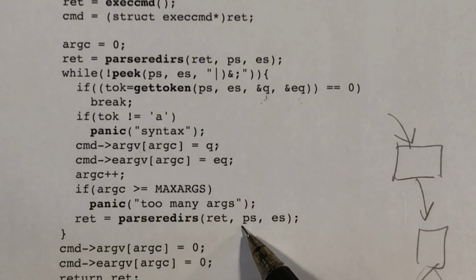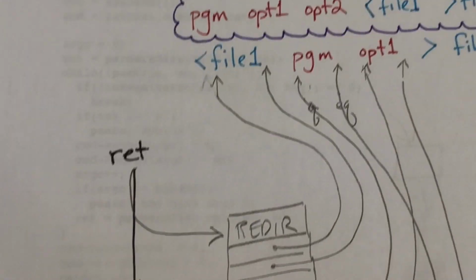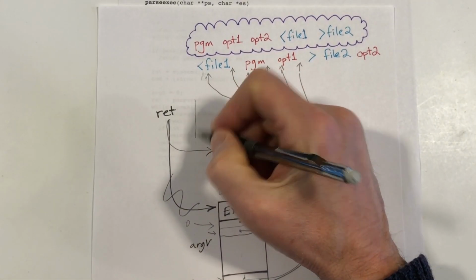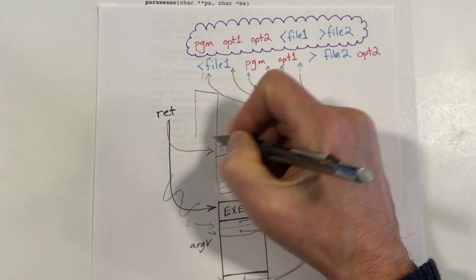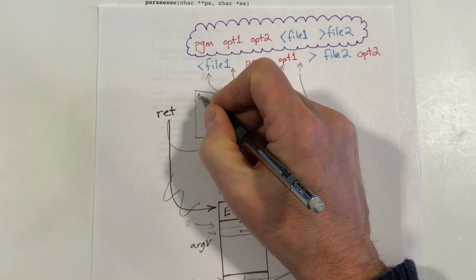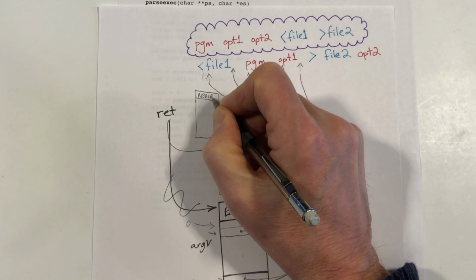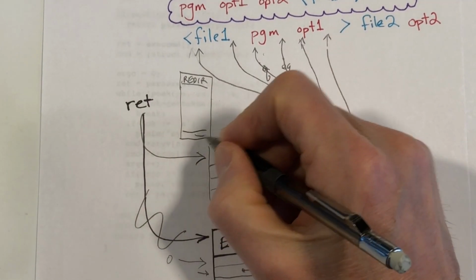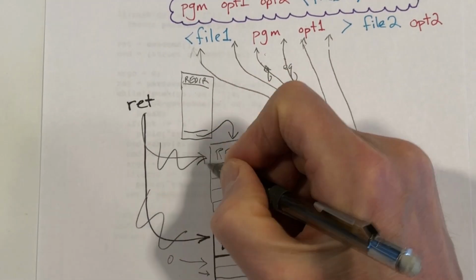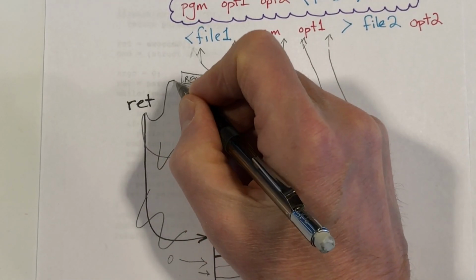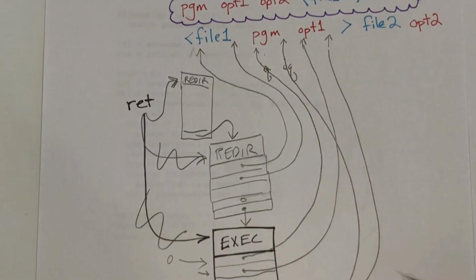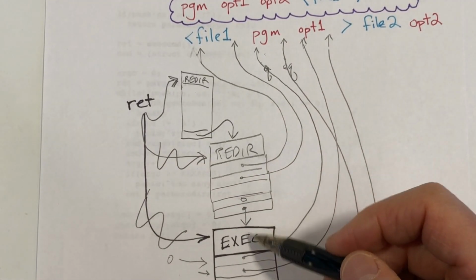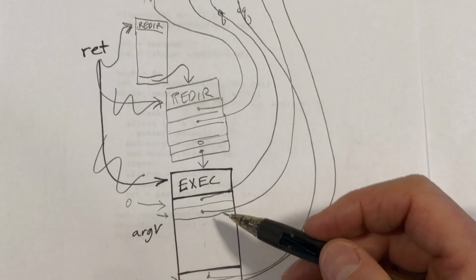So when we call parse redirects here, we'll add a new redirection here. This is another redirect node, and we'll make it point to this, and then we will update the return variable to point to that. So now we have 2 redirection nodes pointing to the exec.